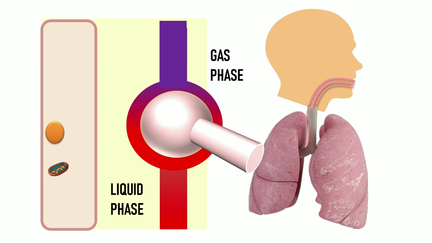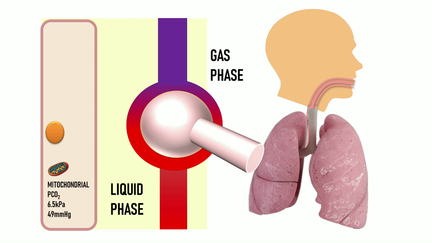I previously demonstrated the oxygen cascade where there was an enormous partial pressure difference between the alveoli and the mitochondria. With CO2, the gradients are very small in comparison due to the ease of diffusion and high solubility. So let's look at the gradients.